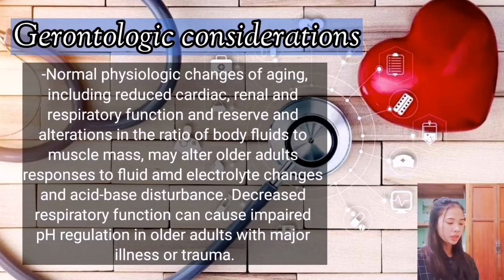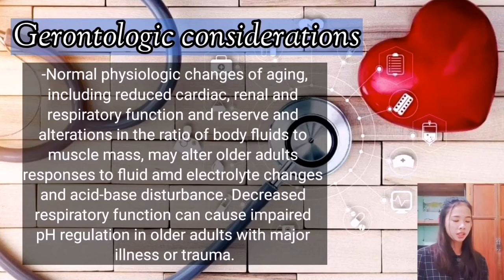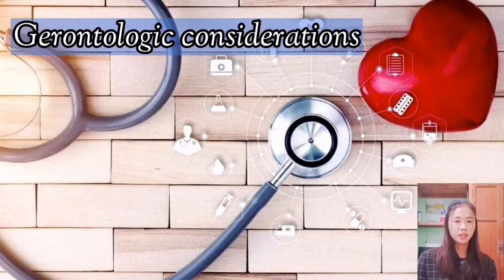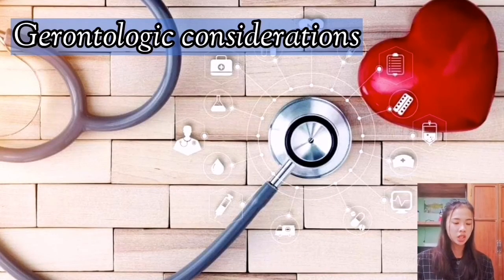The response of an older person to fluid and electrolyte imbalance may be altered as a result of aging and physiologic changes. In an elderly person who has experienced serious sickness or trauma, decreased respiratory function can lead to problems with pH regulation.